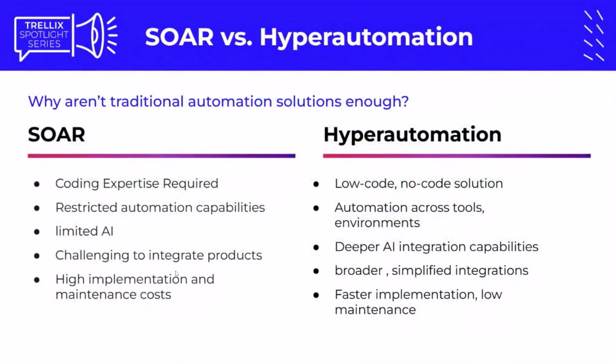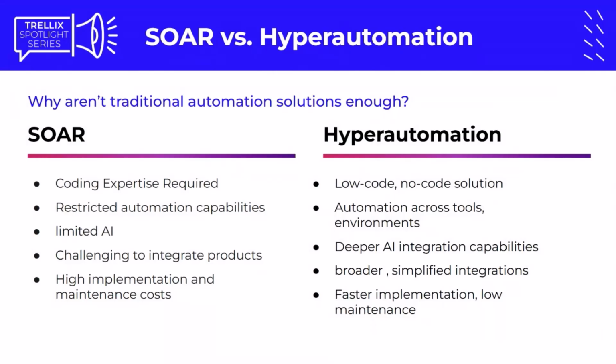A little bit on the differences in particular, because some of you may be using SOAR solutions and wonder, okay, what are the differences? Why would I want hyperautomation over SOAR? Like we talked about a second ago, the biggest reason is that with a lot of SOAR solutions, to get them up and running, tuned and tailored for you, you've got to have somebody in-house with coding expertise.